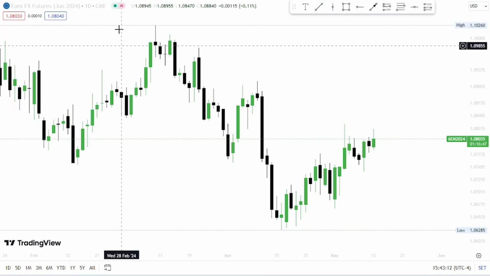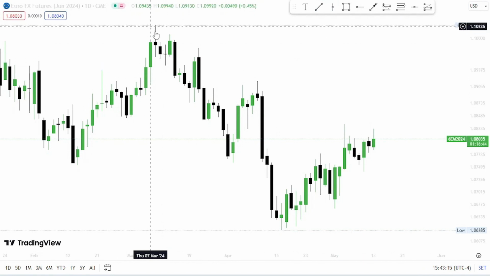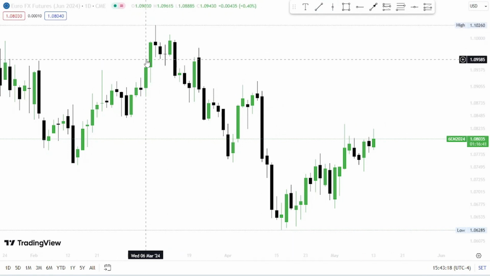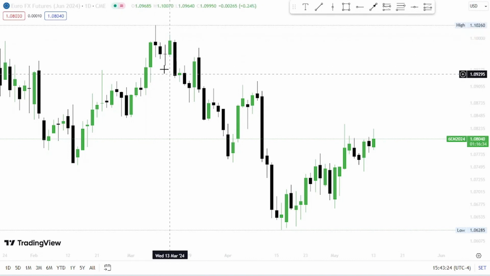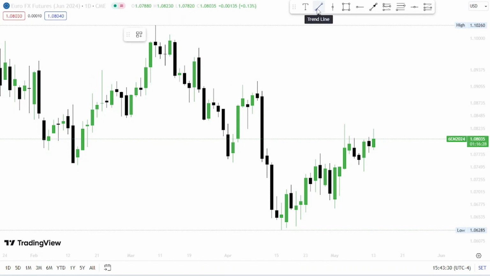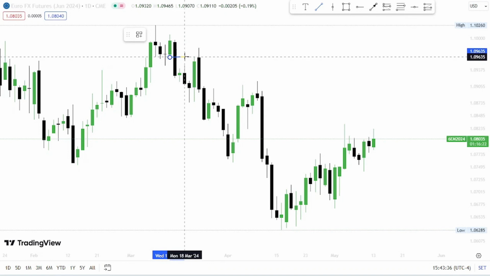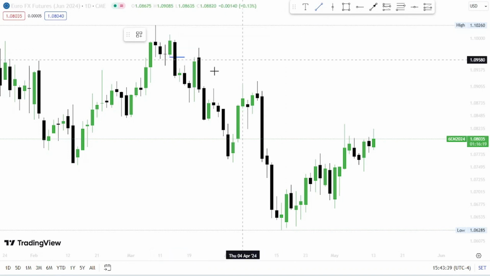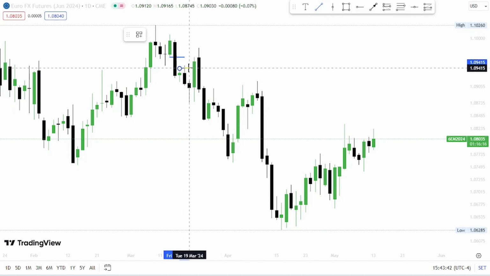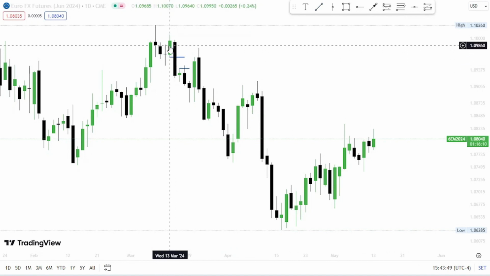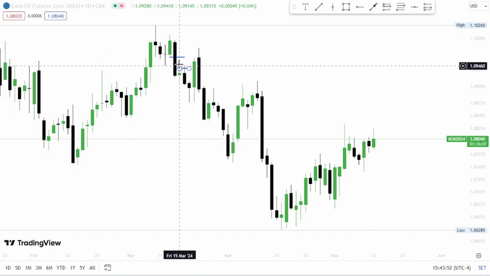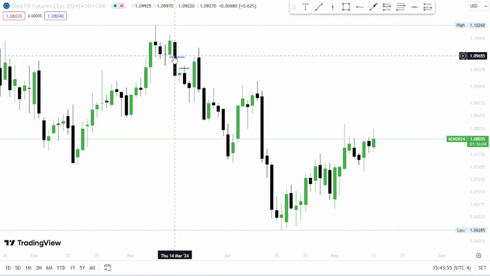If you check here, the market went up, came down, failed to close higher, then came down again, broke market structure here, came down, and this base, this space here between the low of this candle and the high of this candle, that's a fair value gap.